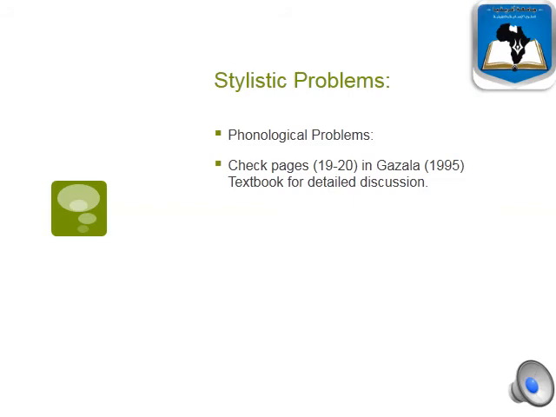Among these problems I'll name the following: formality versus informality. Sometimes you meet a text that's written in standard English, and sometimes you are required to translate a text that's informal, not standard. Source language text can be either formal or informal, sometimes both.